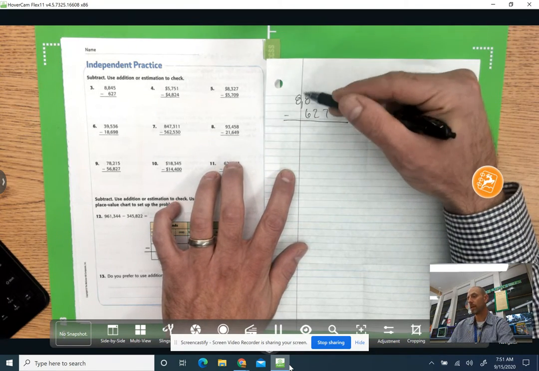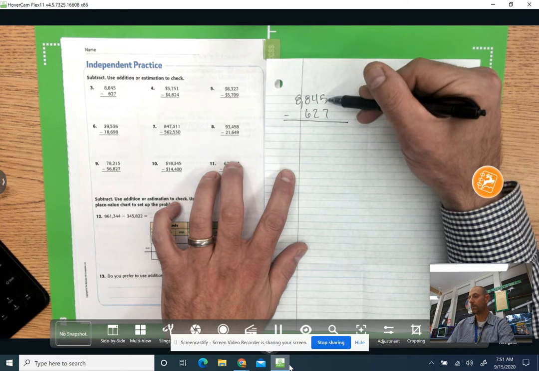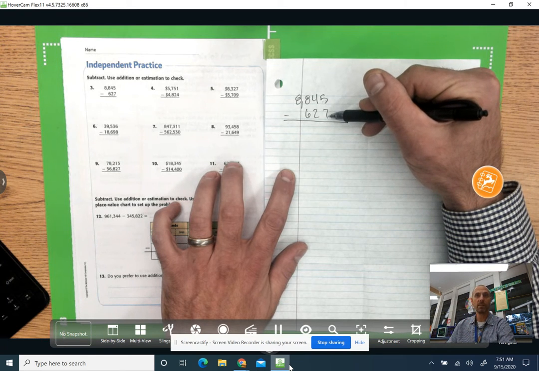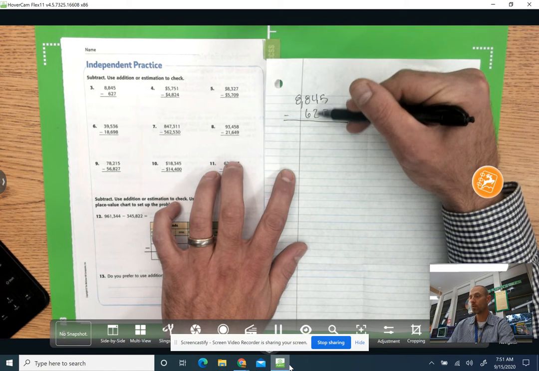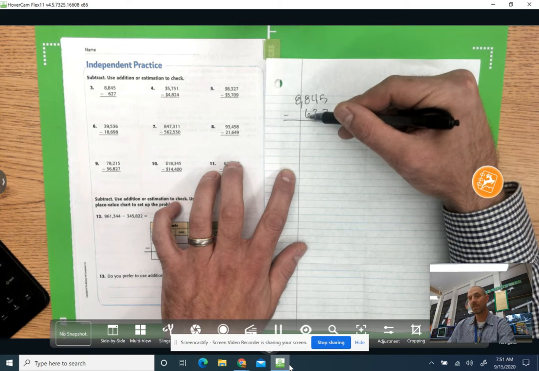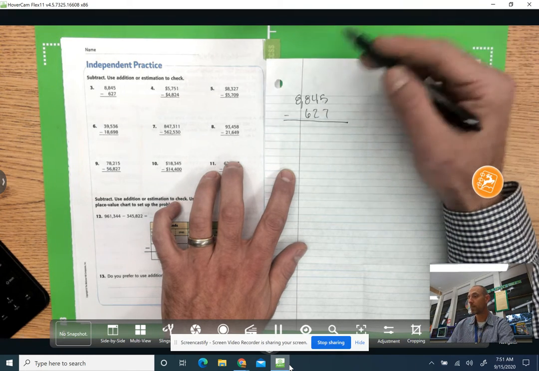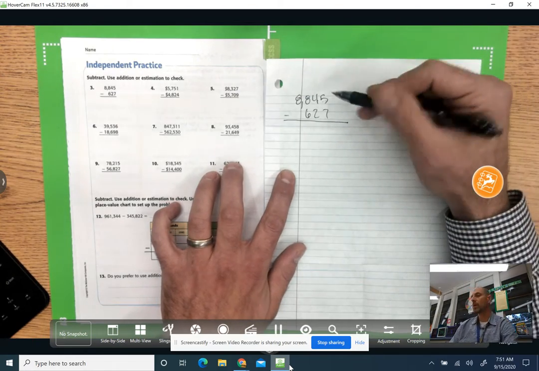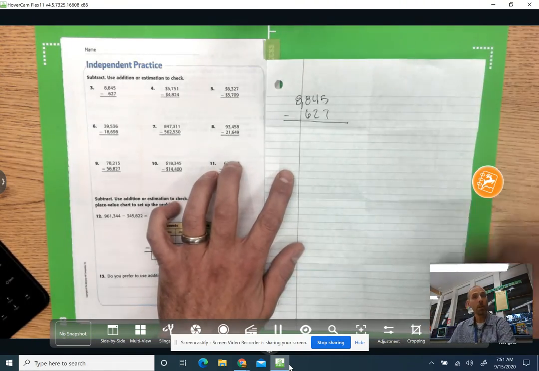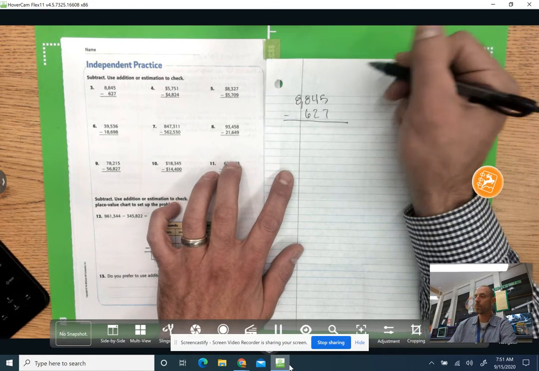We have a 5, a 4, an 8, and an 8. The 5 compared to the digit underneath it, 7, is smaller. I'm going to have to regroup. The 4 here is larger than the 2 on the bottom. No biggie. The 8 here is larger than the 6 on the bottom. No biggie. We do not need to regroup. And there's a 0 underneath this 8. So it looks like the ones place is the only place that we are going to need to regroup.